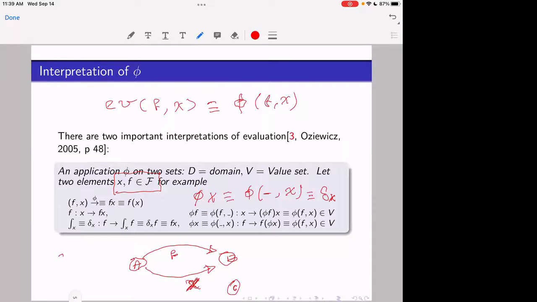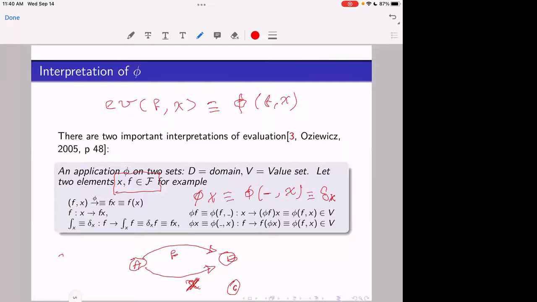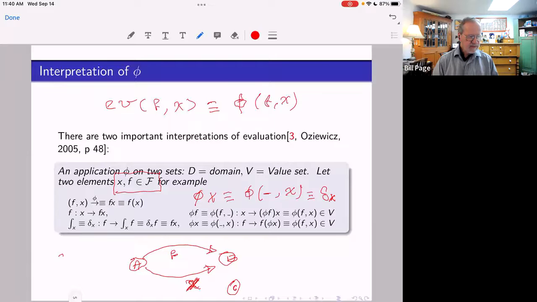Okay, so the class of singleton sets, I guess. Usually in category theory, we write that as 1, but we call it an object. And then X would then be a mapping from the object 1 into the object A.